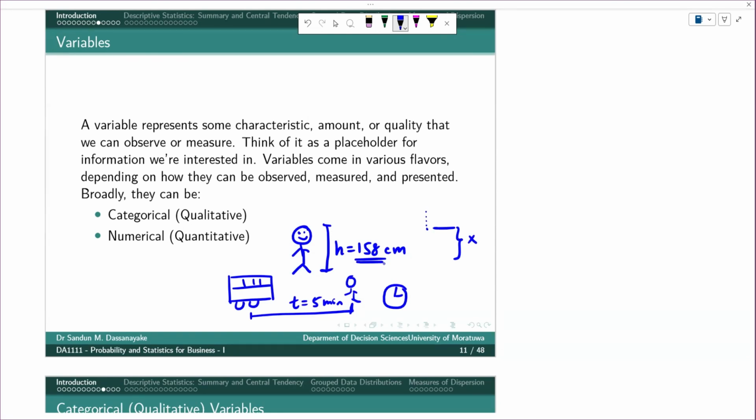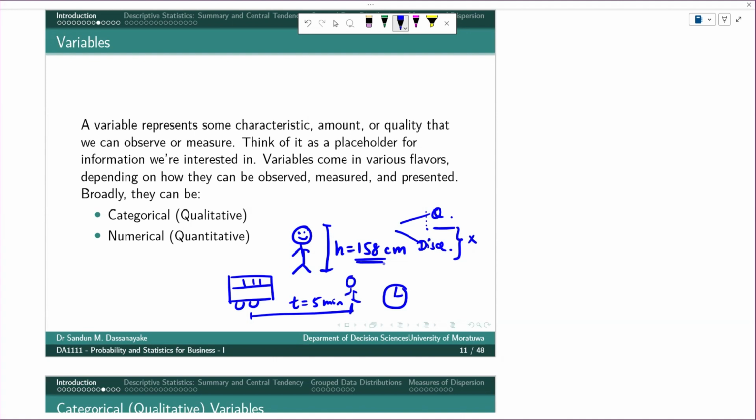If you are lesser than that height, they say disqualified. If you are higher than that particular level, you are qualified. So what you have done is you have used a quantitative variable and converted that into a categorical variable like qualified and disqualified, two different classes. You can use numerical values and convert that into categorical values.